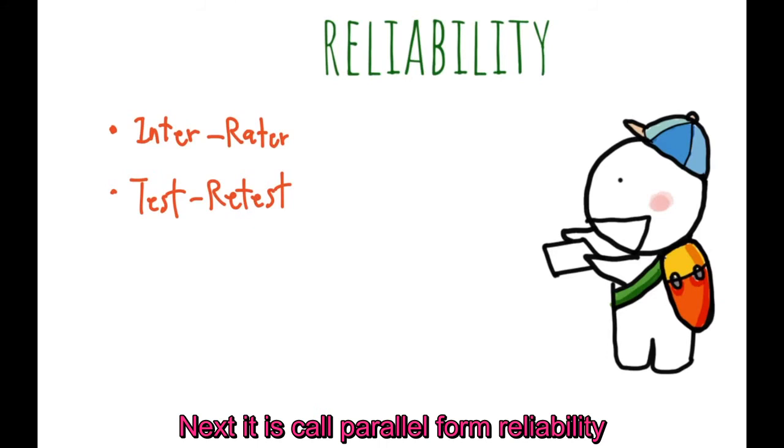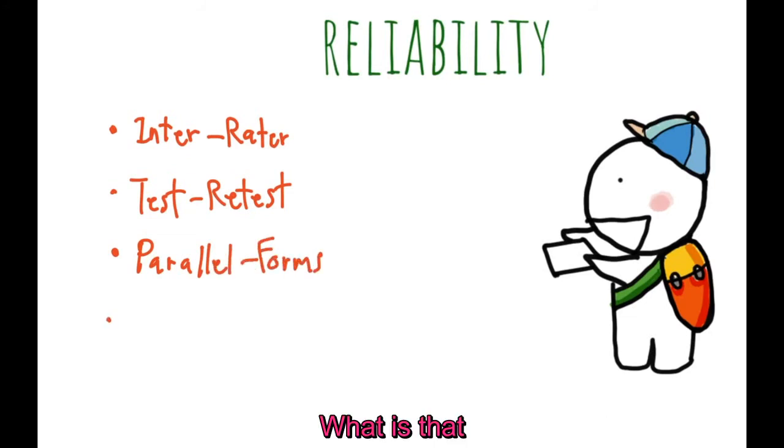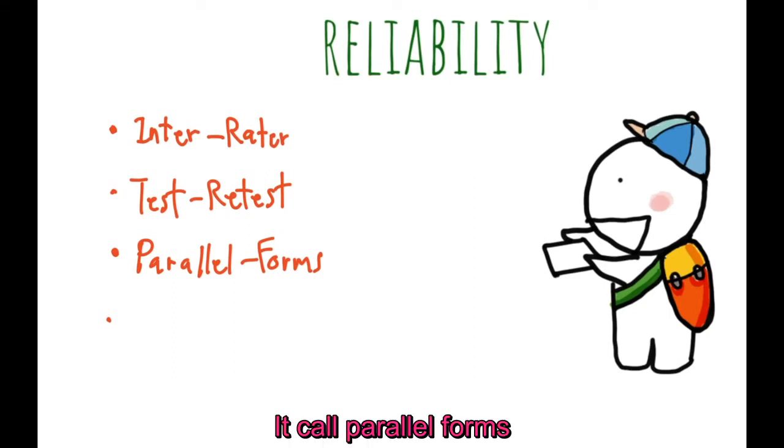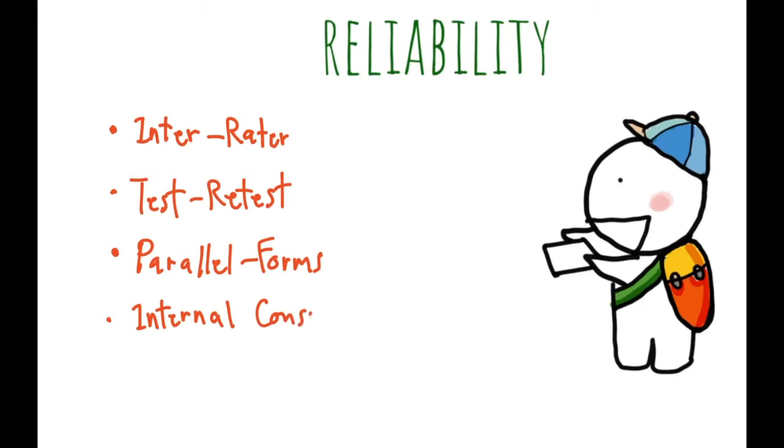Next, it is called parallel forms reliability. What is it? This is the reliability of two tests constructed the same way, from the same content. It's called parallel forms. And the last one is called internal consistency reliability.